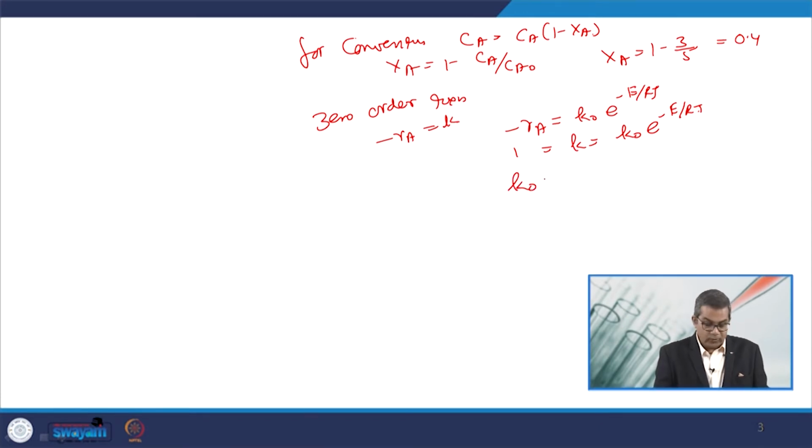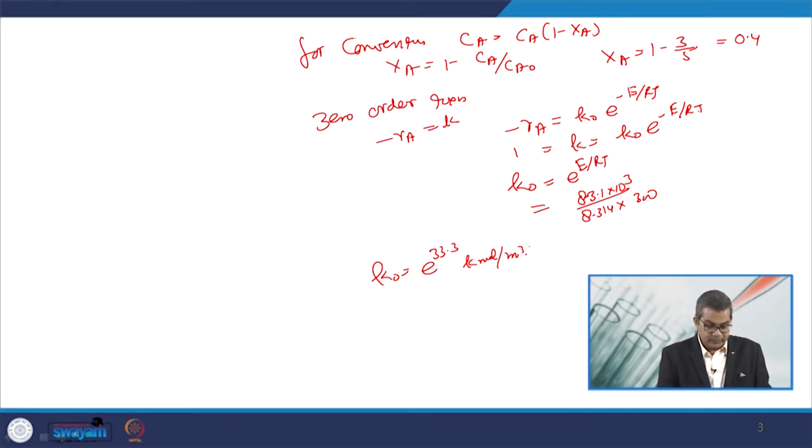We can find K naught equal to e to the power E upon RT, and that comes out to be 83.1 into 10 to the power 3 upon 8.314 into 300, so K naught comes out to be e to the power 33.3 kilomole per meter cube per minute.